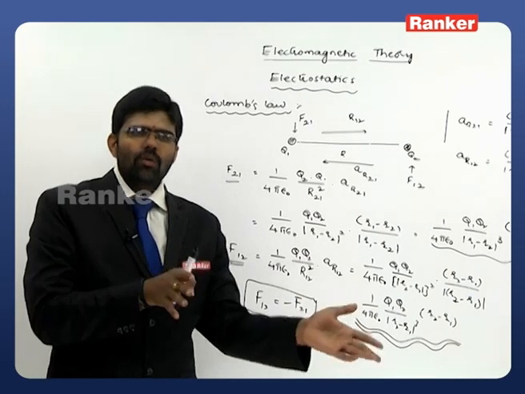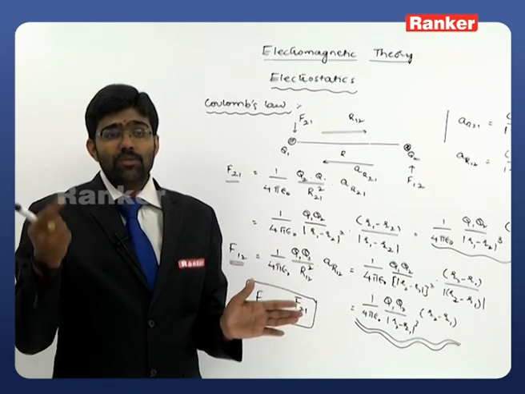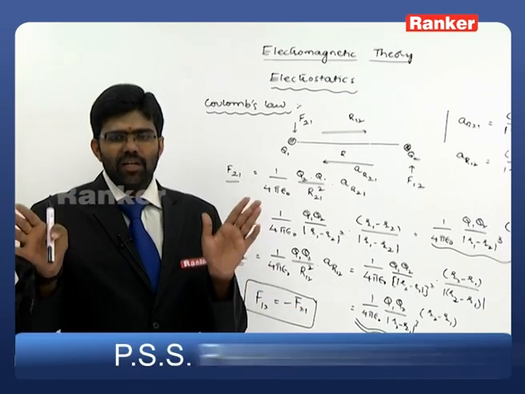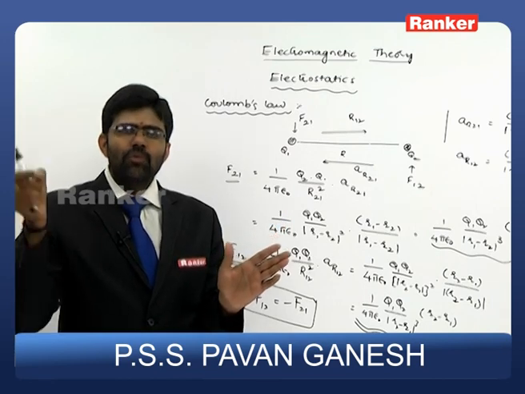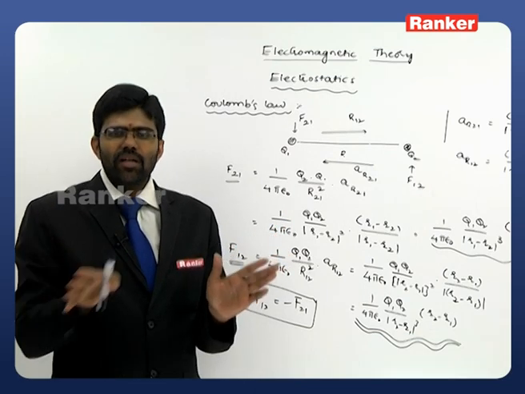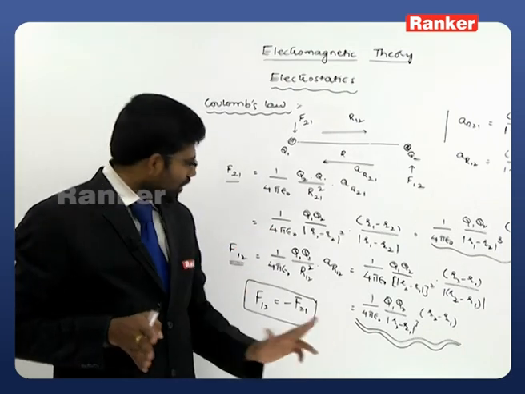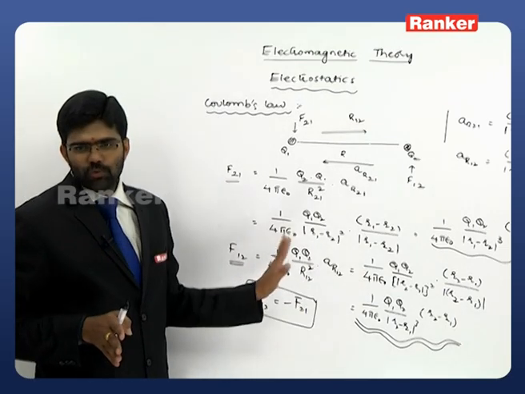From 2 to 1 or 1 to 2, whatever it may be, the magnitude is the same. If you want the direction, then you need to identify where you are calculating the force, and according to that we need to consider the direction. That direction will be substituted, and F12 is equal to minus F21.